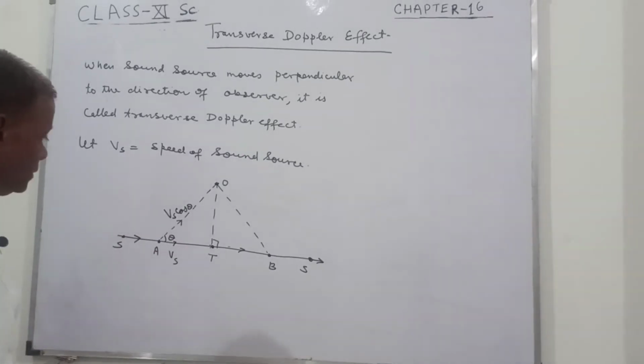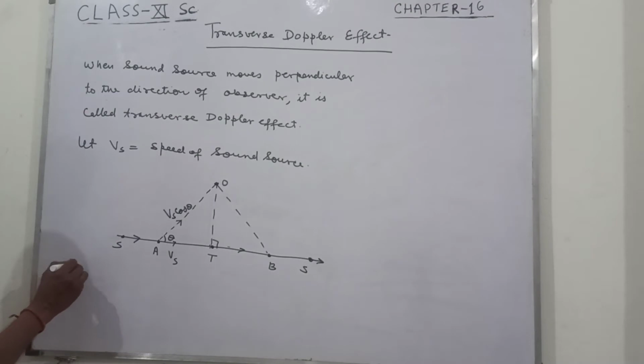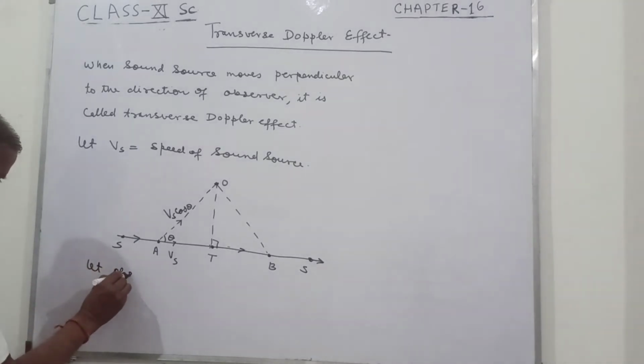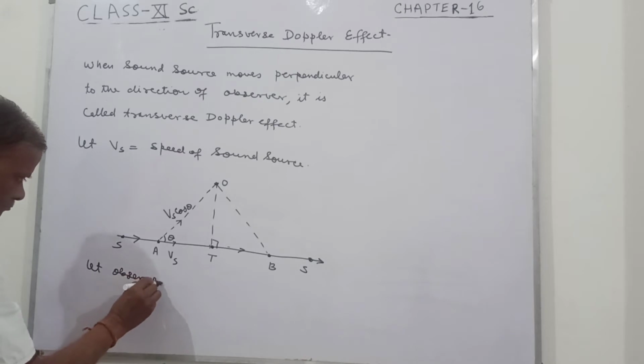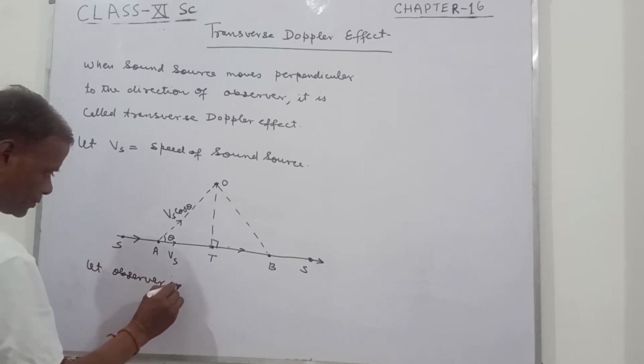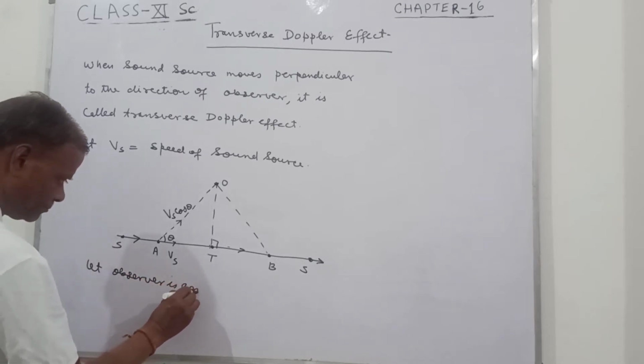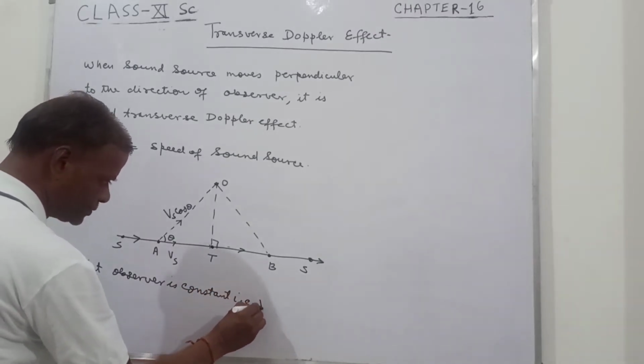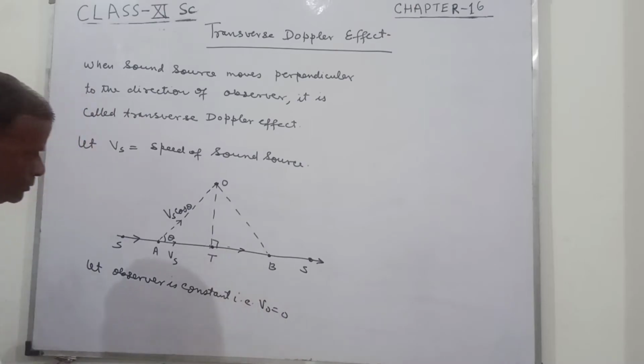Then let the observer be constant. It means V naught is equal to 0.